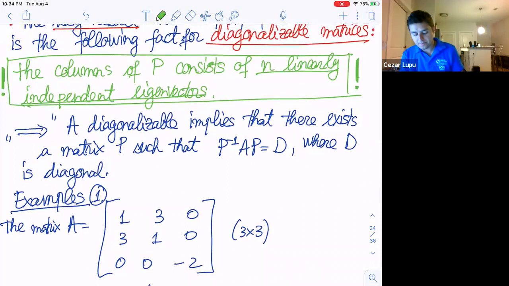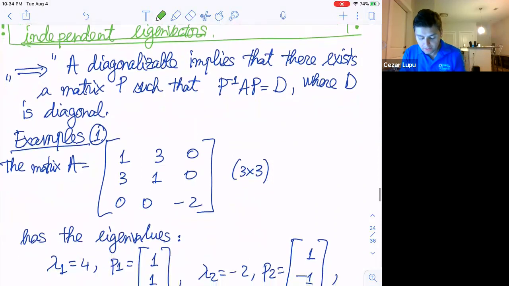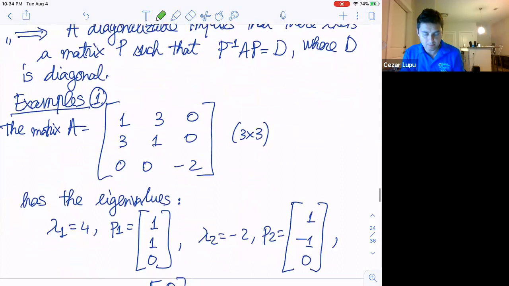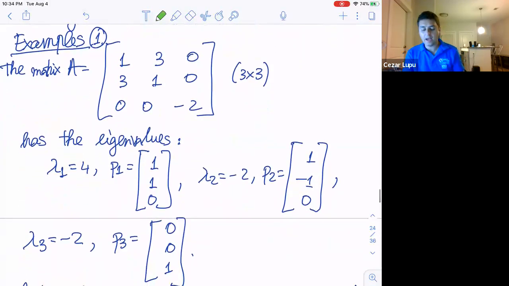Let's look at this matrix. Again, I'm going to take the same matrix from the beginning, so let's go back to example number 1. The entries are 1, 3, 0, 3, 1, 0, and 0, 0, negative 2. We've seen a few lectures ago that the eigenvalues and their corresponding eigenvectors are the following.